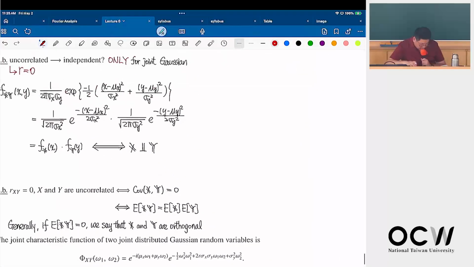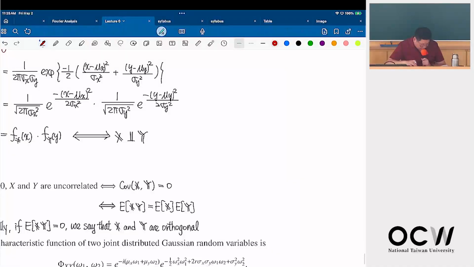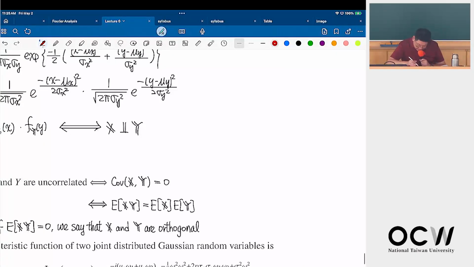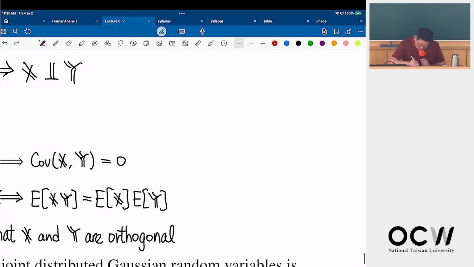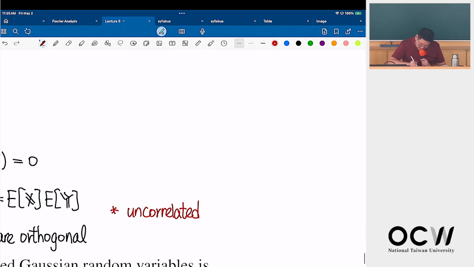Remember that uncorrelated doesn't mean orthogonal.